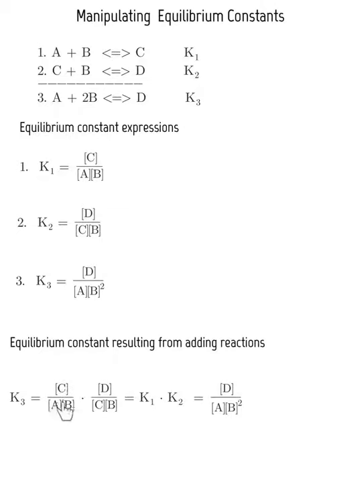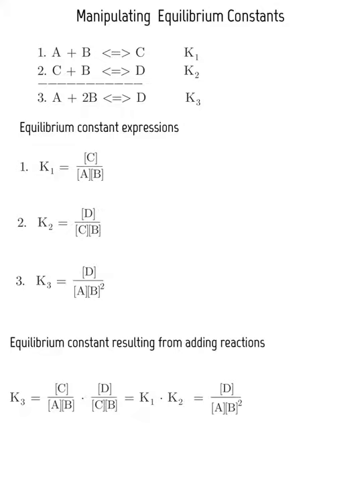This is our expression for K1 and this is our expression for K2. Notice that the C's are going to cancel because they're in the denominator and the numerator. And notice that there's a B here and we also have a B here, and so B times B is going to be B squared. So whenever we're adding 2 reactions, the new equilibrium expression is going to be the equilibrium expression of each individual reaction multiplied by each other.